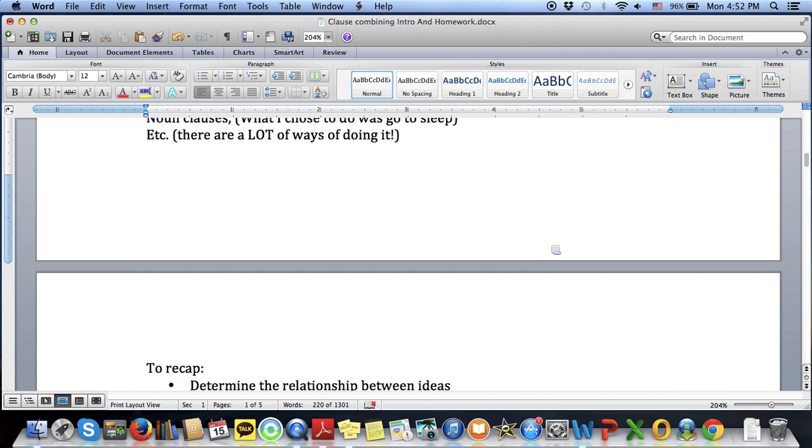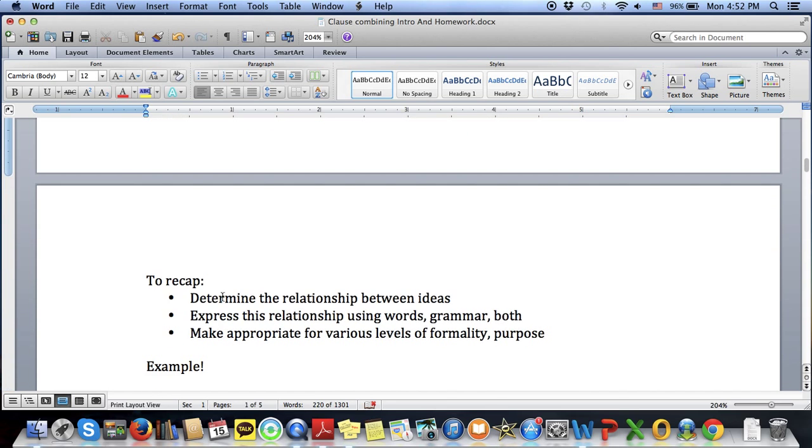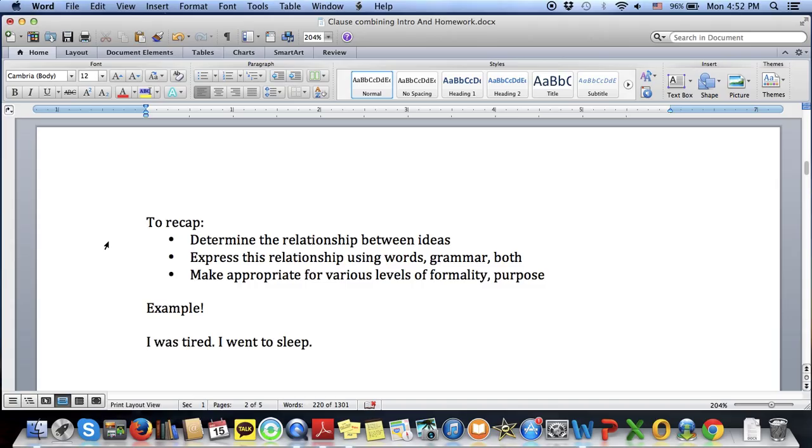Let's take a look one more time at what we said at the beginning here. We want to determine the relationship between ideas and then express this relationship using words, grammar, both. Finally, we make it appropriate for various levels of formality and purpose. So let's take a look at the example we had at the beginning.